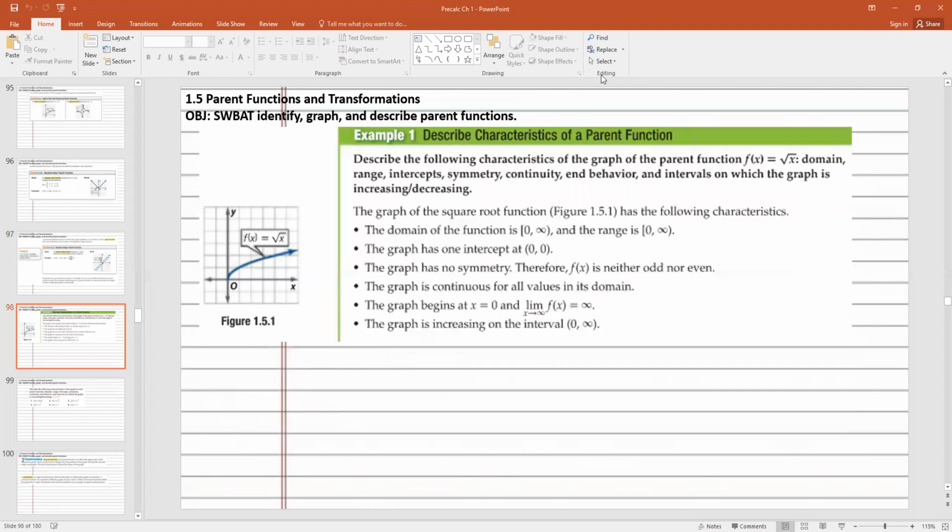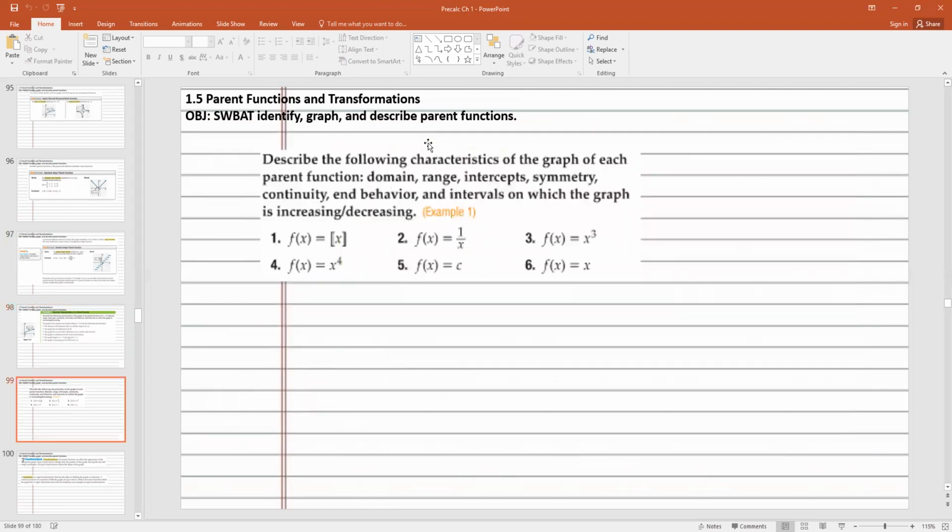All right, so we want to describe the parent function. Here it says describe the following characteristics of the graph of each parent function: domain, range, intercepts, symmetry, continuity, and behavior and intervals on which the graph is increasing or decreasing.